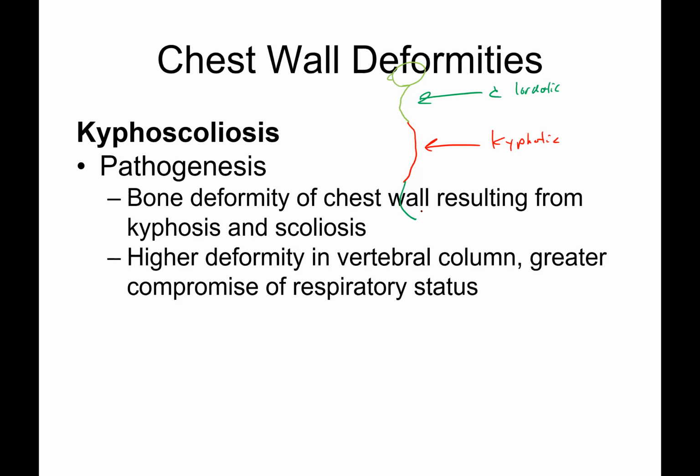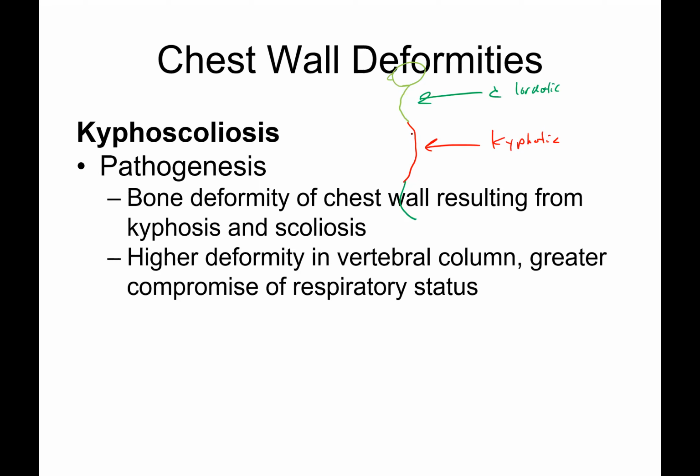So if you look at a person's spine from a lateral view, like let's say you take an x-ray, you want to see a curve in the neck. It's called a lordotic curve, right?